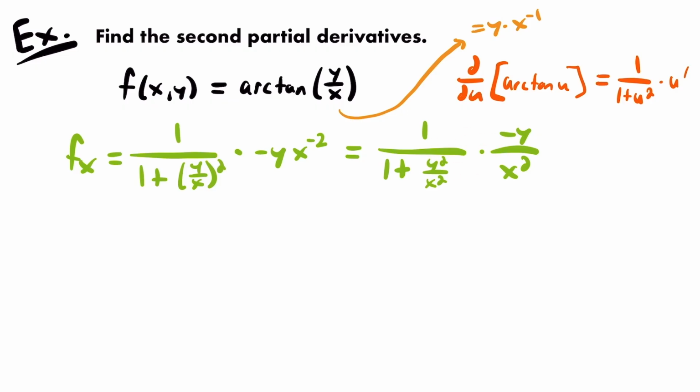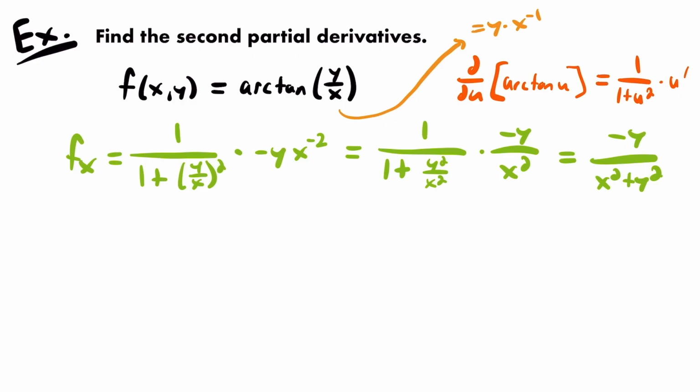And now we can simplify by multiplying negative y into the numerator, and then x squared into the denominator. You'd multiply it by 1, and by y squared divided by x squared, where the x squareds would cancel out. So what we get here is negative y divided by x squared plus y squared. Okay, so sort of a tricky derivative, but we were able to find it. That's just f_x, the first partial derivative with respect to x.